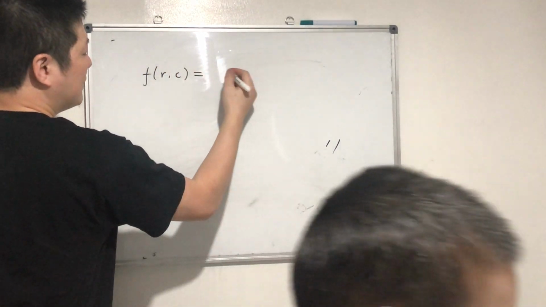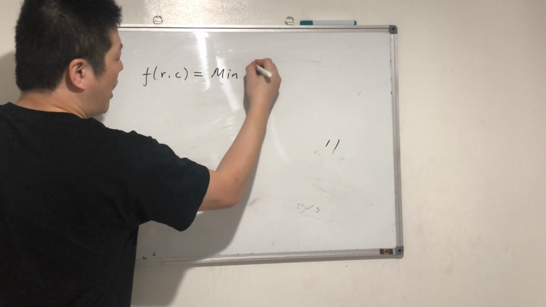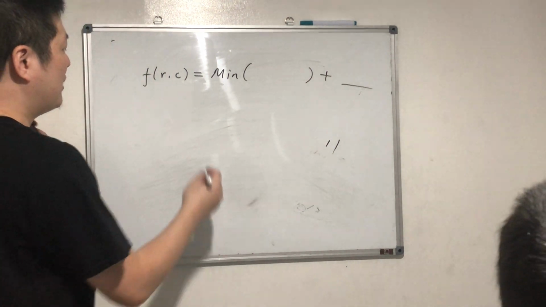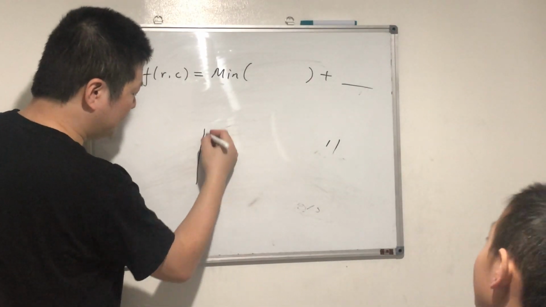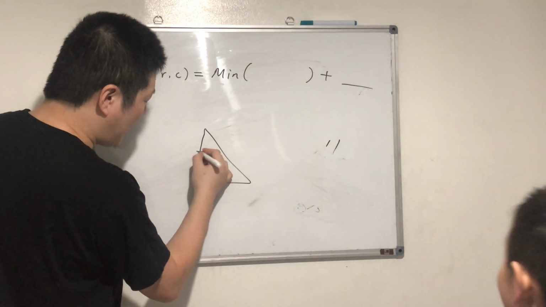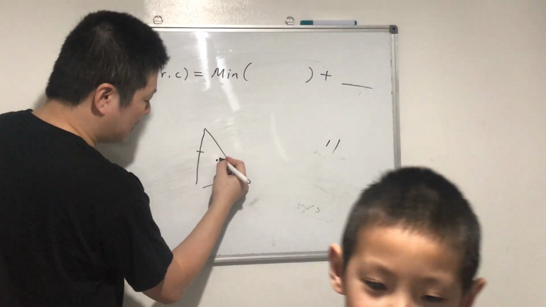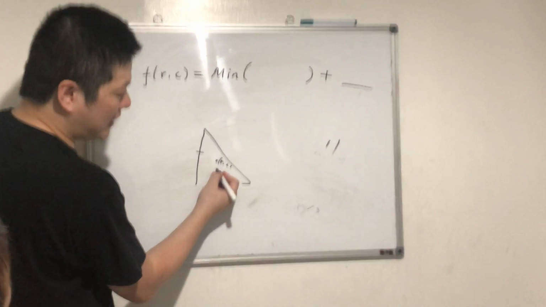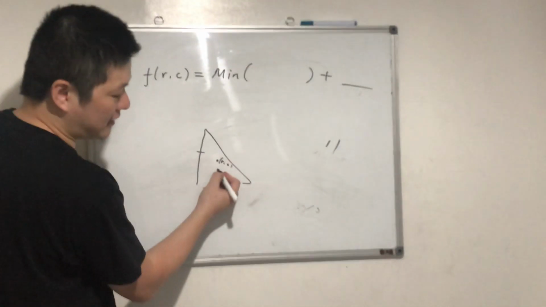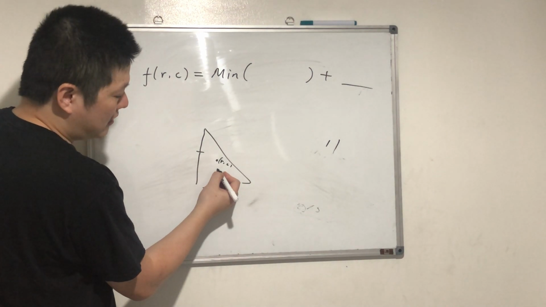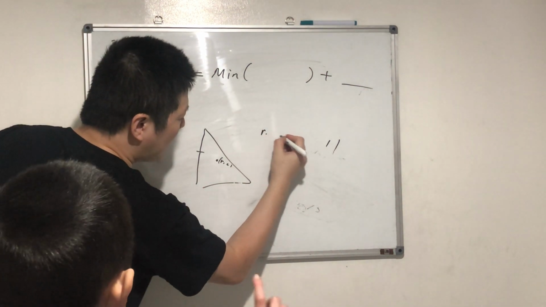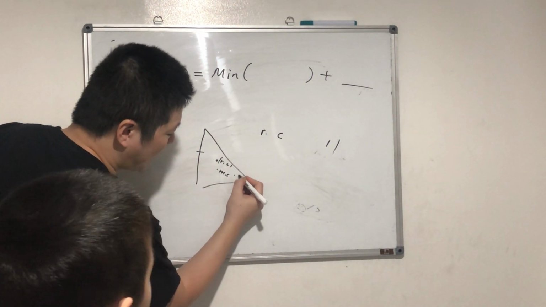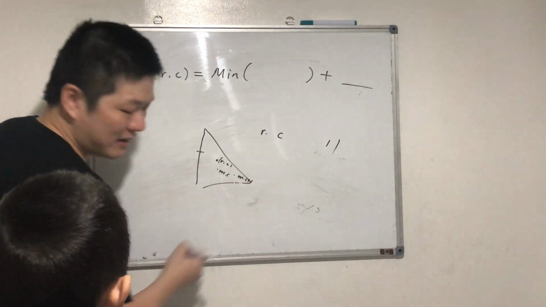So it will be what? f(R, C) equals minimum of what plus what? Can you guess? Look, f(R, C) is here, right? It's coming from what? Two possibilities. What is next is R+1, C, and what is next? R+1, C+1, right?